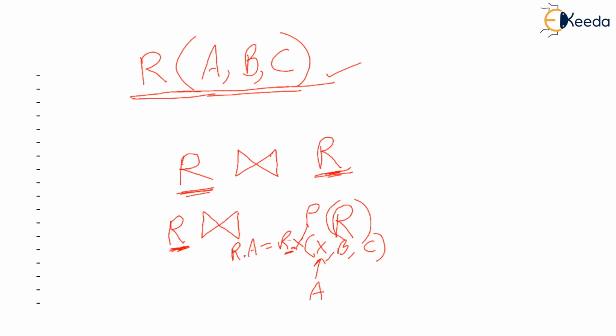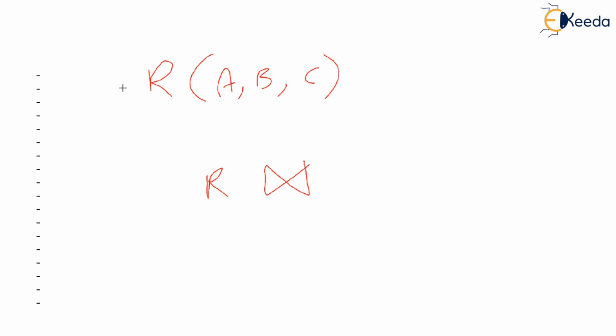Or to be exactly precise and avoid confusion, if you have R with three attributes A, B, C, and you are joining R with R and you want to compare A of both R's, then the best thing is you can rename this table R itself as M, and rename attribute A as X and keep the others the same.